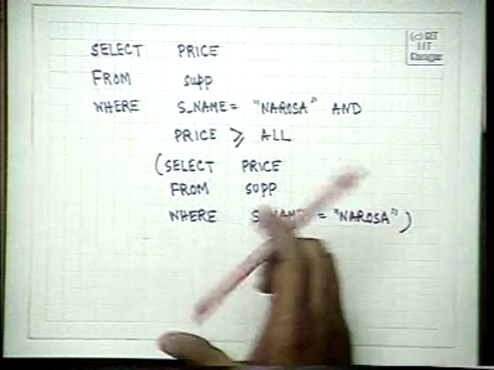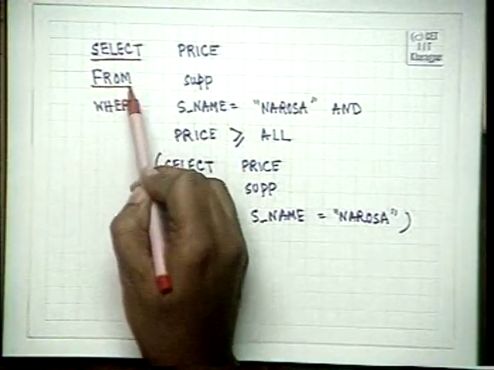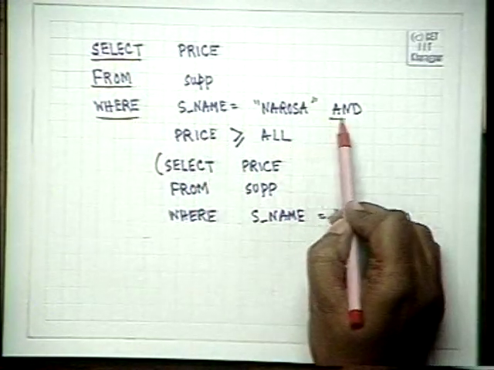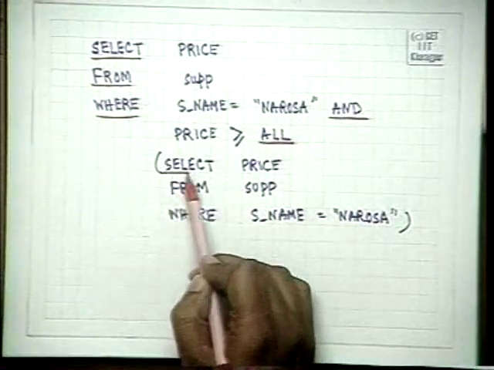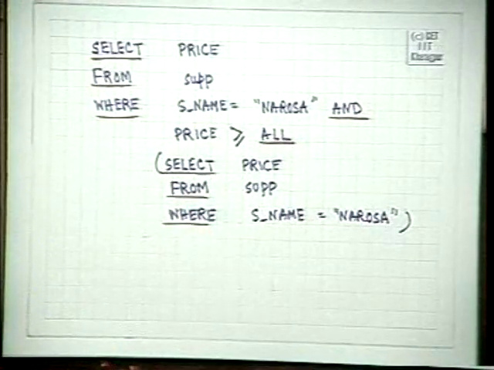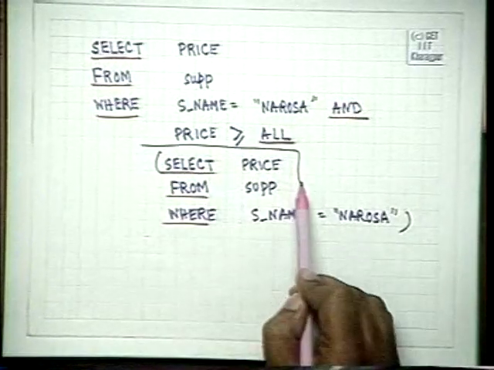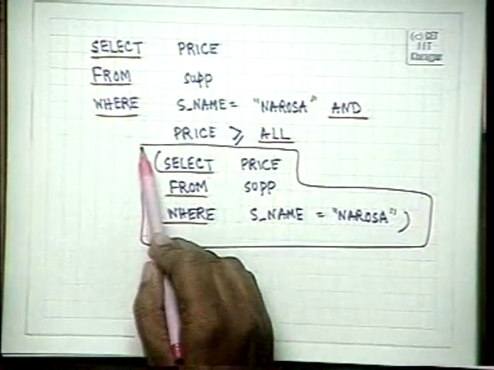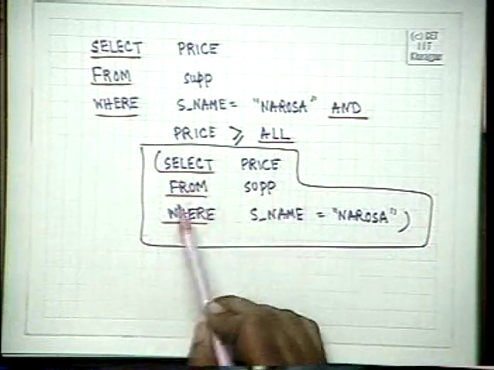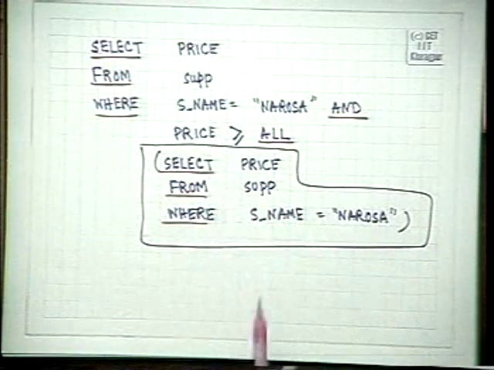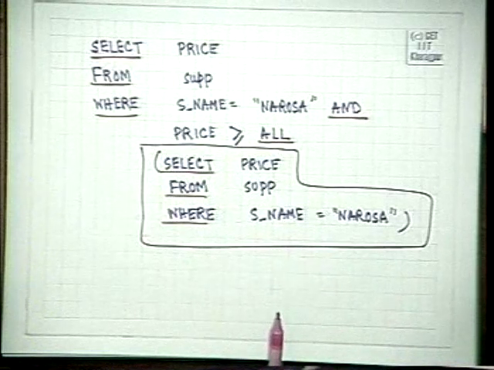Let us see what we have done. This part is the same as the original one. Select price from sub where S name is Narosa. This gives you the set of all prices of books supplied by Narosa.